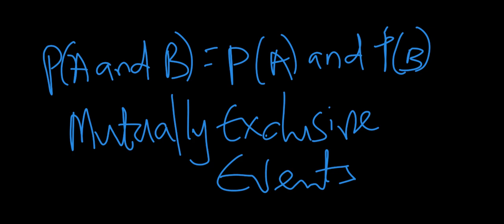Now, what are mutually exclusive events? Well, these are events that do not depend on one another, meaning that event A can happen without the occurrence of event B. Event A is not dependent on event B, and event B is not dependent on event A. For example, I want to find the probability of me eating rice today and the probability of me eating spag later in the afternoon.